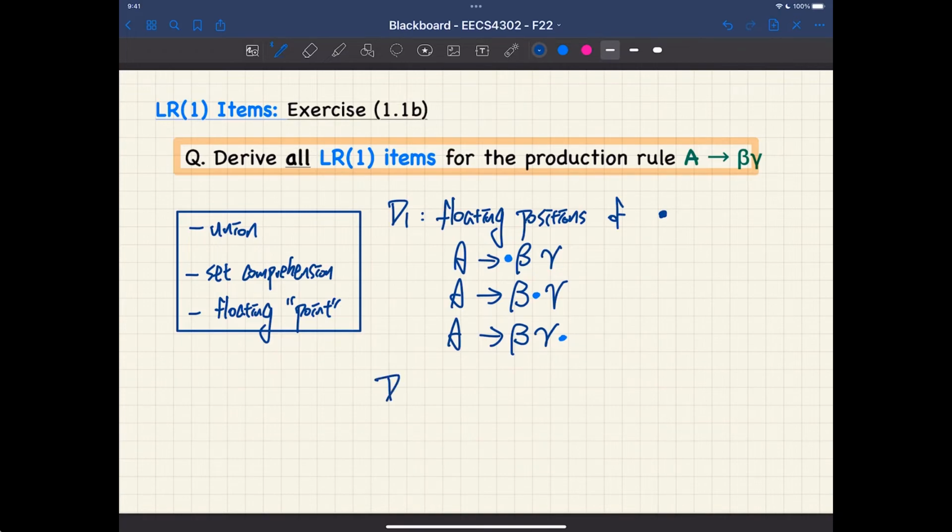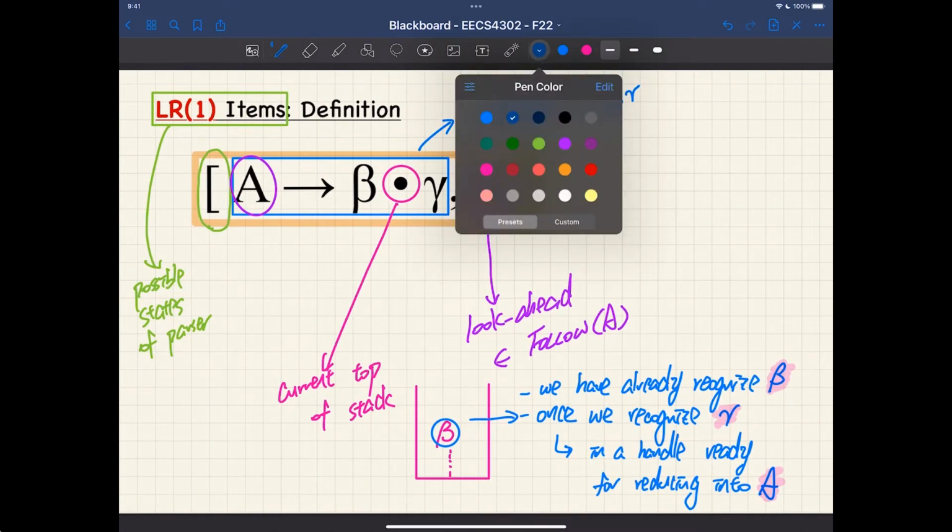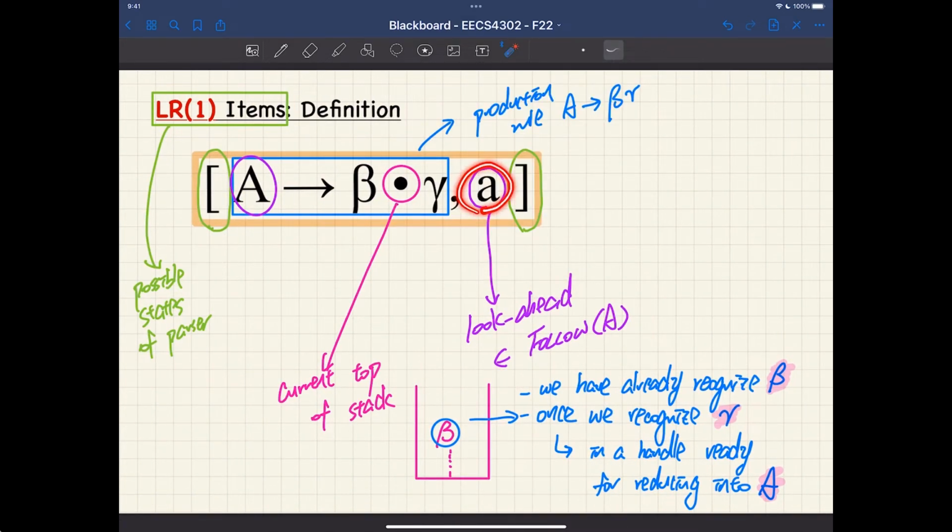Dimension number 2 would be, if you look back to the syntax over here, you can see A, as I said, it would be just a member in the follow set for the variable that we want to reduce into. In general, this will be a set. Let's say the set has cardinality, let's say 3.